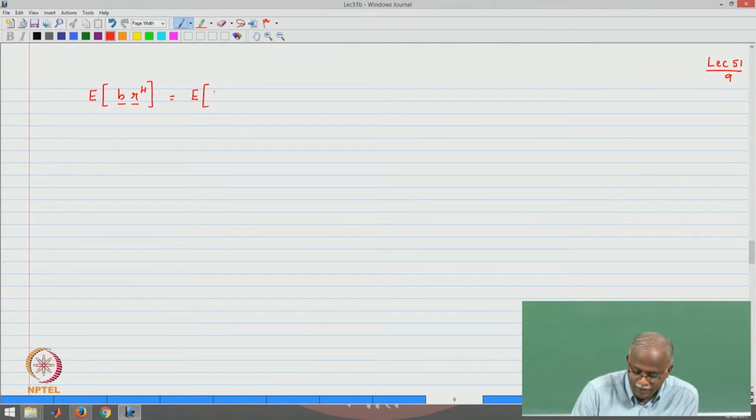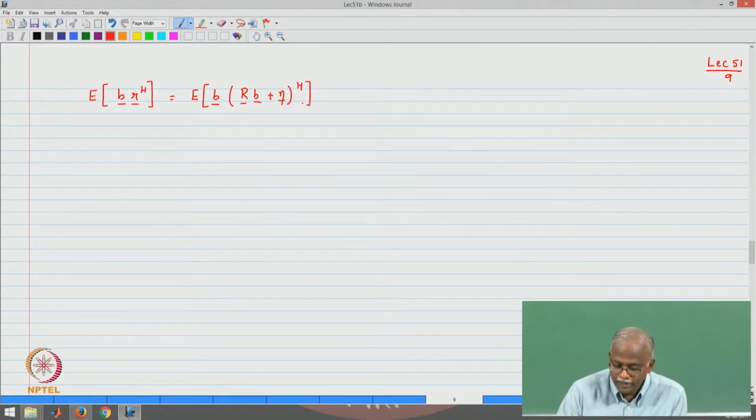This would be expected value of B times (RB plus eta) Hermitian, and if you were to expand it, it would be equal to B times B Hermitian times R Hermitian.